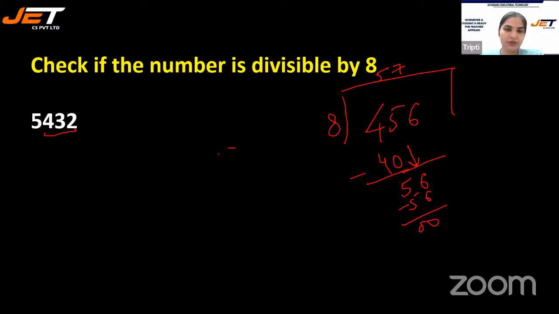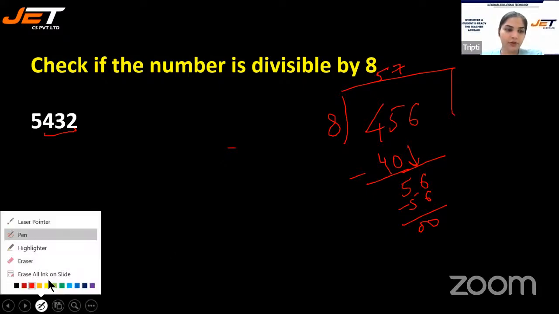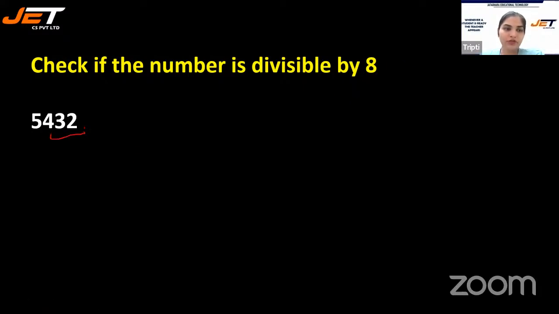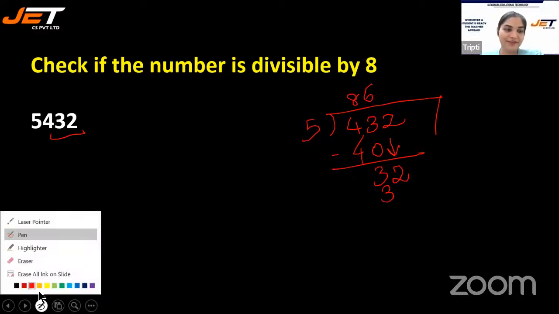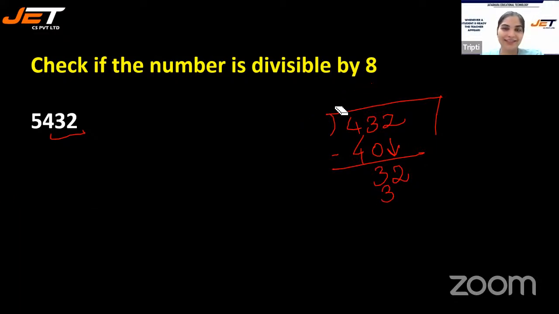Okay, let's do this one. 5432. So let's check 432. 5 times 8 is 40. Oh, sorry, why am I dividing by 5? It should be 8, right? So let's do it by 8.